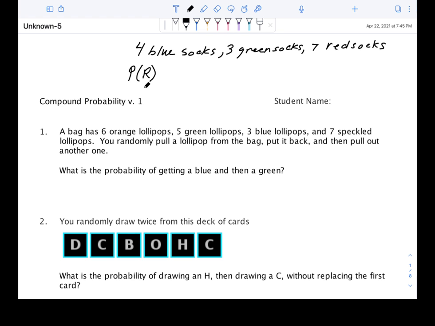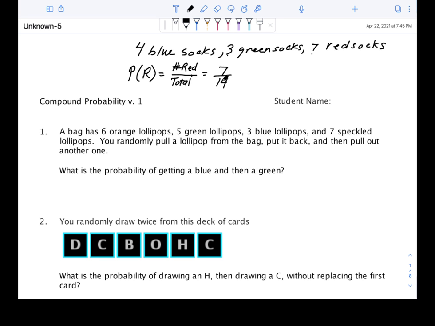The two things you're going to need to know are, first of all, how many red socks do we have? What is the number of red socks? And then how many total socks do we have? I've got 4 and 3, that's 7, and 7, that's 14. So I've got 14 total socks, and out of that 14, seven of them are red.